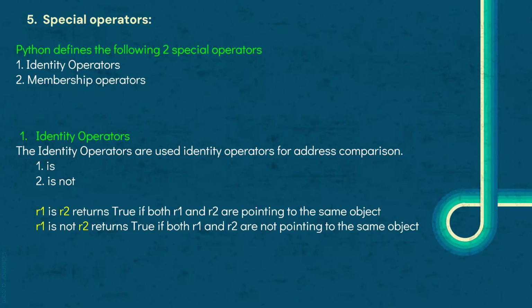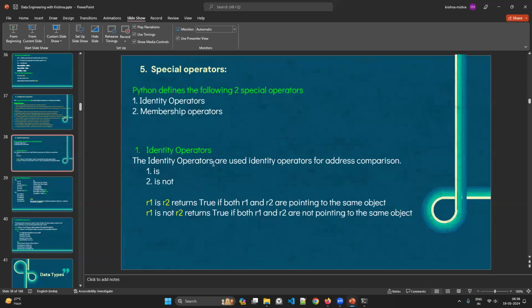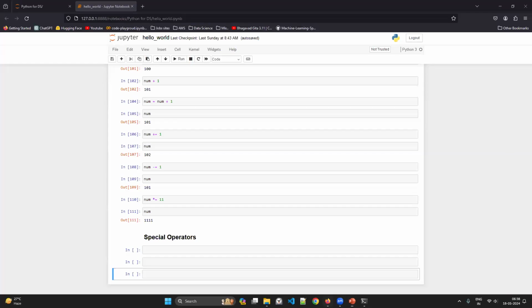Here we'll compare the addresses of the objects we have created. For this we are using is and is not. Let me show you how we will use is and is not in our Python program.